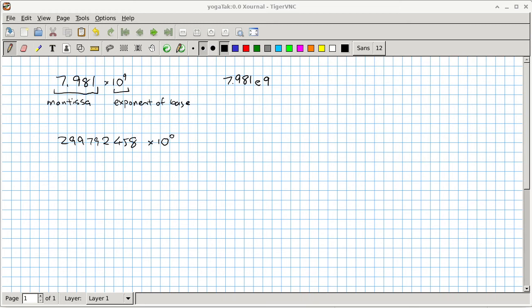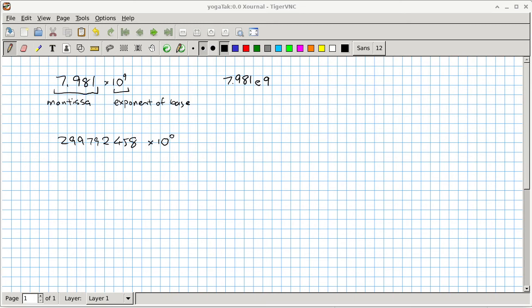By normalized, I mean it has to be between 1 and up to, but excluding, the base itself. Since we're dealing with base 10, the mantissa can only go from 1 to 9.9999999 and so on. We can adjust this portion, and also adjust the power of 10, until we have a normalized mantissa.